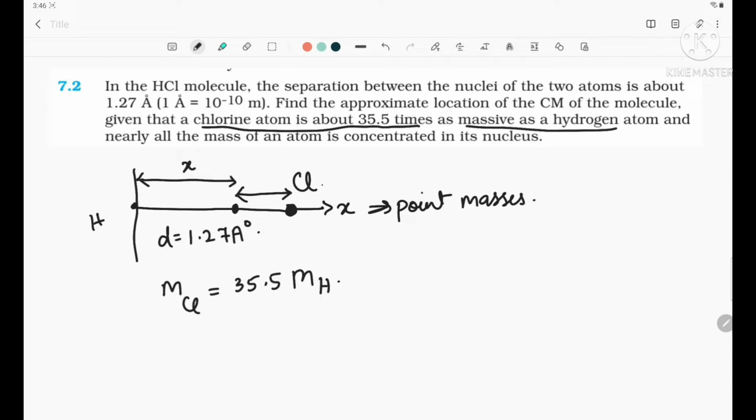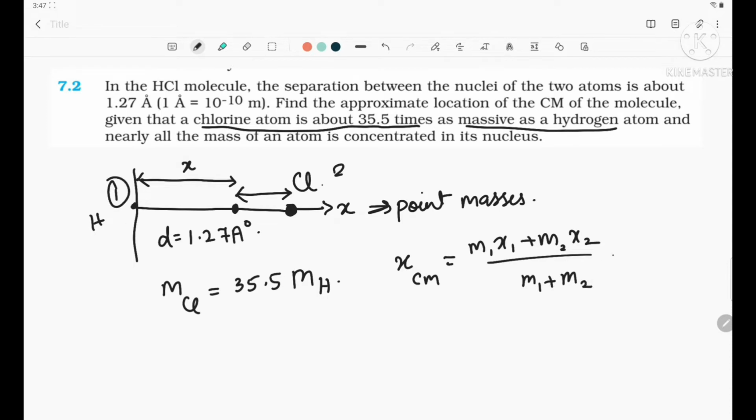Based on this, we will apply the center of mass formula and calculate where the center of mass is. So in this case, since it is only one dimensional, we will write x center of mass is equal to m1x1 plus m2x2 divided by m1 plus m2. Here let 1 be hydrogen and let 2 be chlorine.